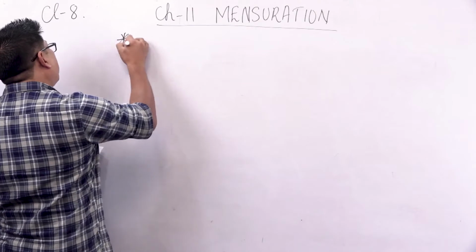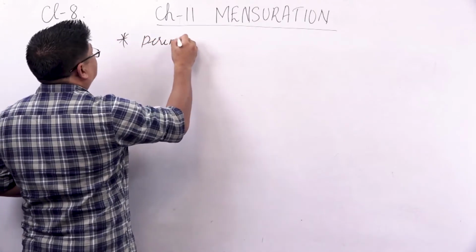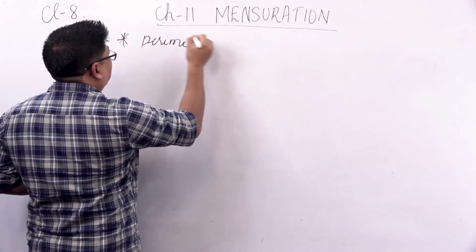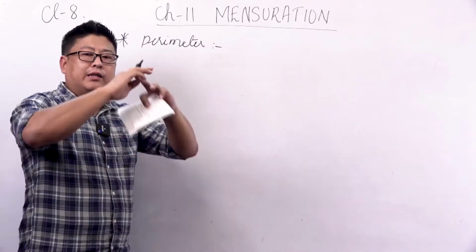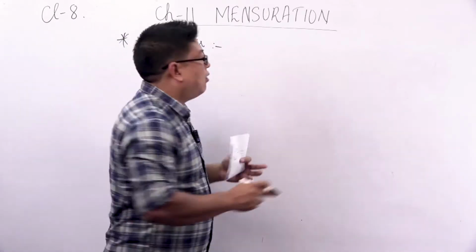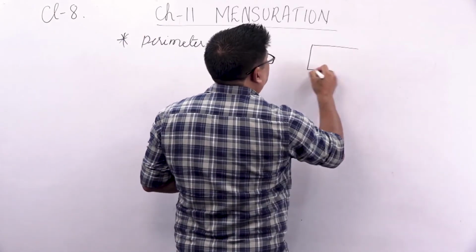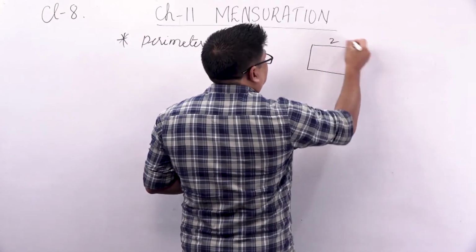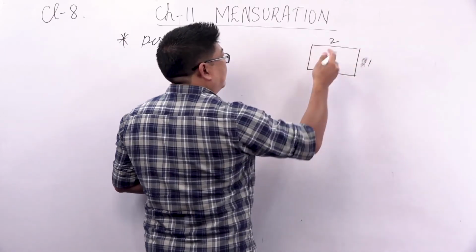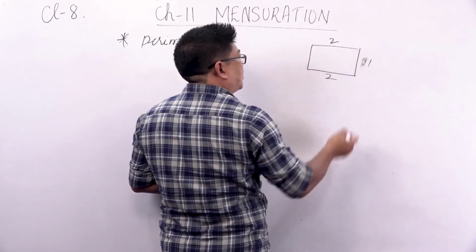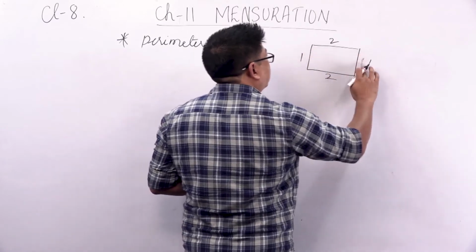So we already know what perimeter is. Perimeter simply means the total length of the figure or the total length of the boundary. Let's say this is your rectangle. If this is 2, this will also be 2. If this is 1, this will also be 1.